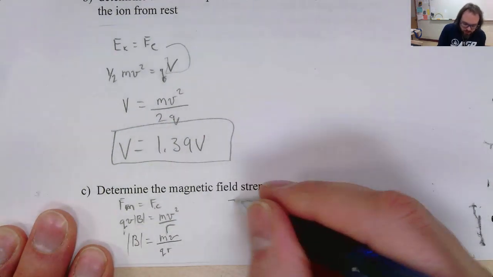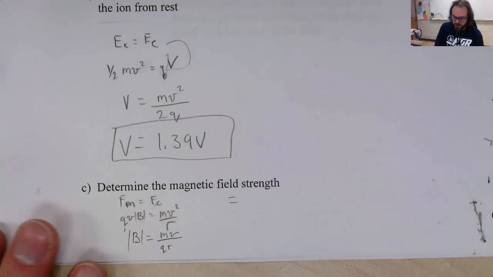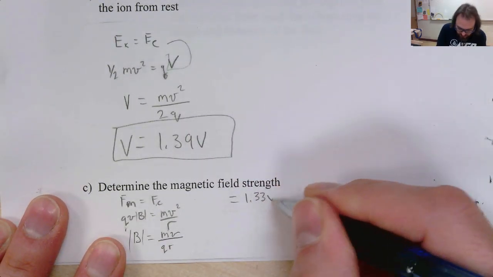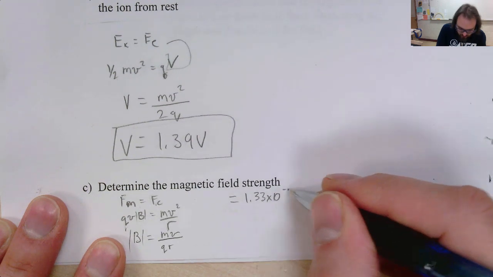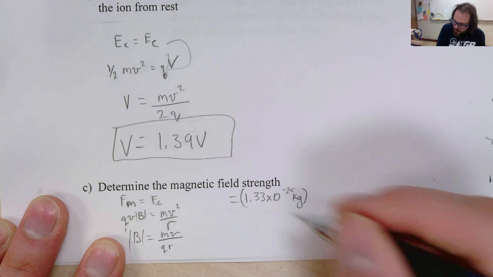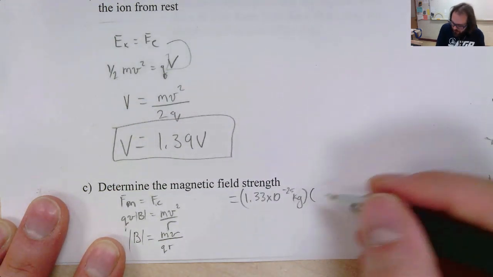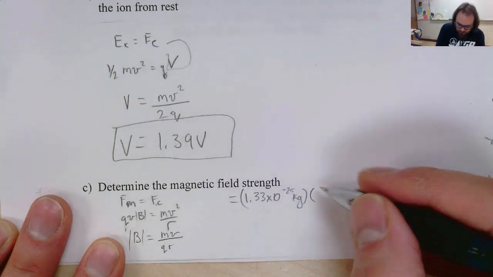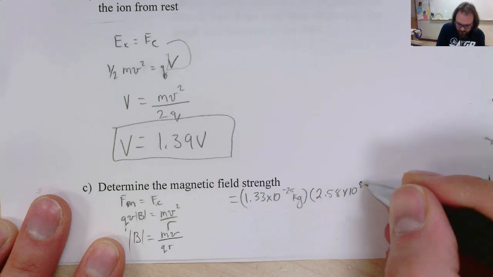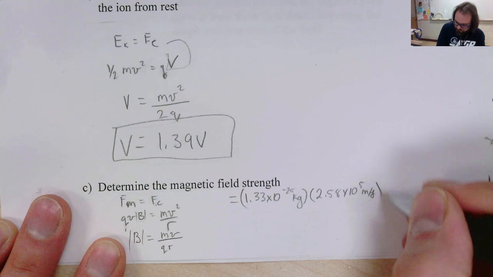So I'm going to do this one properly and actually write everything out. I'm going to have 1.33 times 10 to the negative 25 kilograms, multiplied by my velocity, which is 2.58 times 10 to the 5 meters per second.